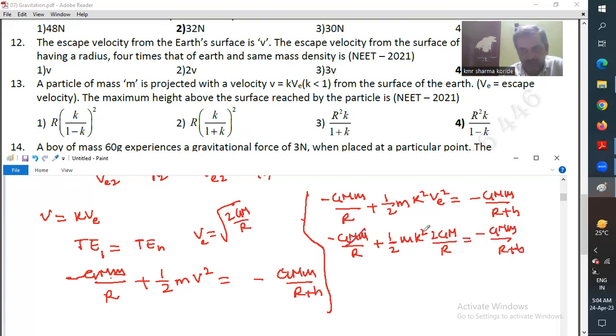So we can cancel GMm and GMm. So this 2 and 2 also get cancelled. So now you are left with minus 1 by R plus k square by R is equal to minus 1 by R plus h.